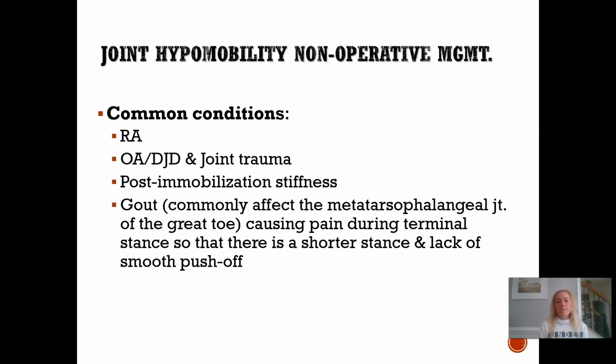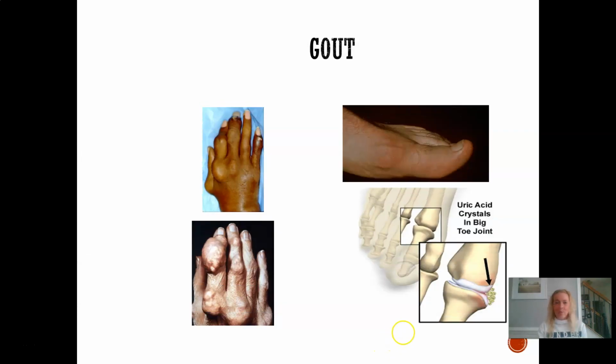Gout is most commonly seen at the first MTP joint at the great toe, which might not seem like that big of a deal, but we have learned and seen that any condition that affects the great toe is going to have a pretty significant impact on gait. It's going to limit push-off, it's going to alter the whole gait sequence, and make gait painful for the patient.